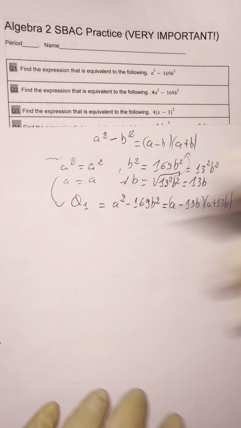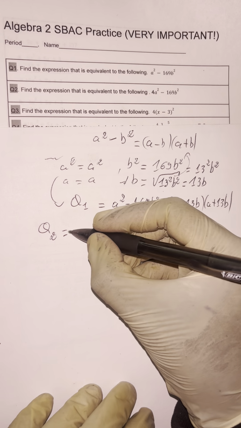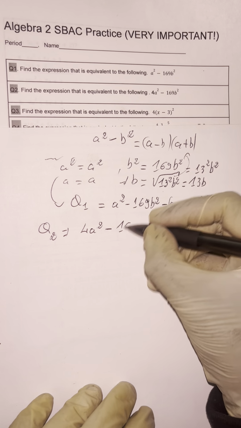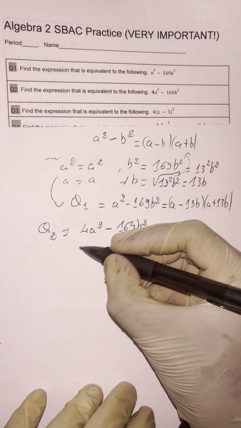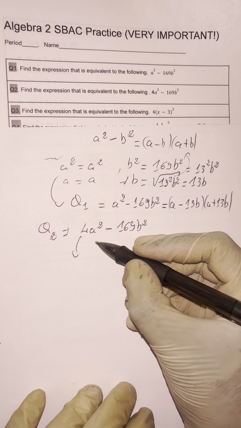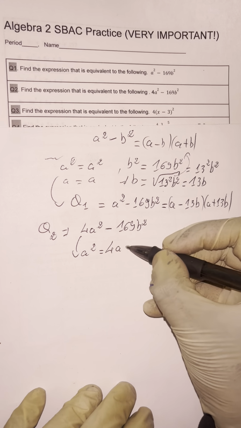Okay, our second question is 4a squared minus 169b squared. Same logic here. What's going to change is simply our a squared. Our a squared is 4a squared.